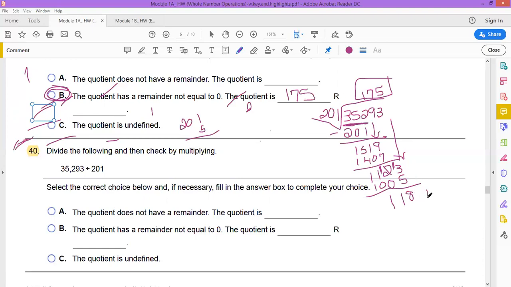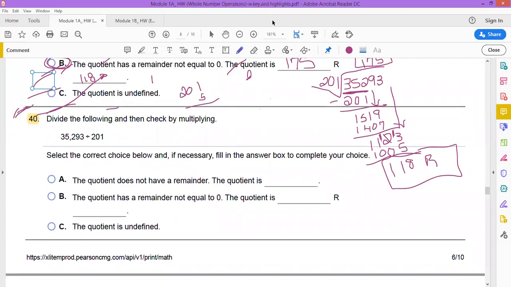The remainder would be 118 right here at the bottom. Okay? And that's our answer for number 40. That's the end of the notes, the examples for homework 1A, and we'll end here.